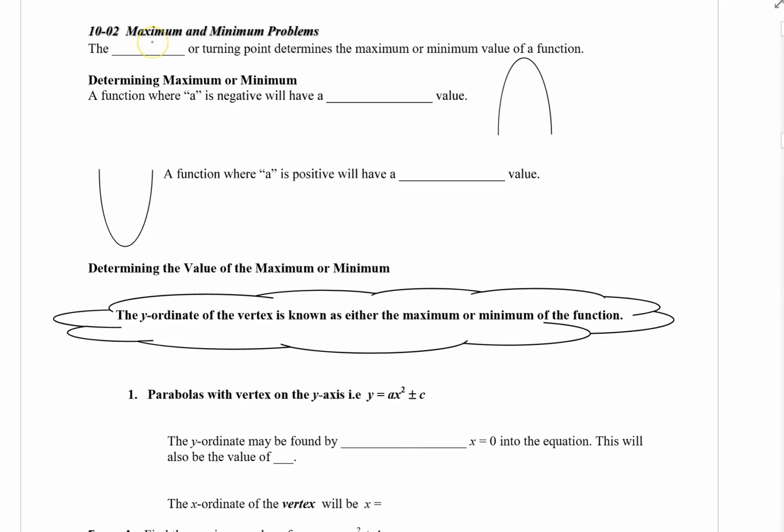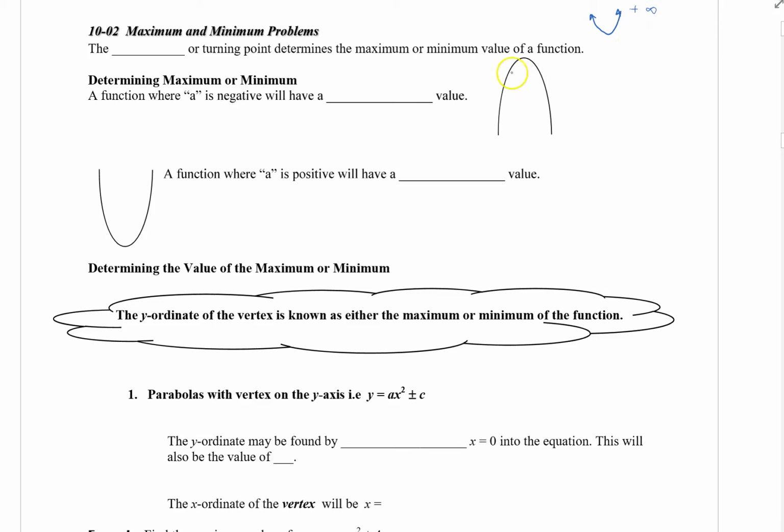The maximum point is probably just what you imagine it to be, the highest point. If your parabola is this way, the highest point is somewhere up there called plus infinity. It's going on forever. So when our parabola sits like that, we don't talk about the maximum point.